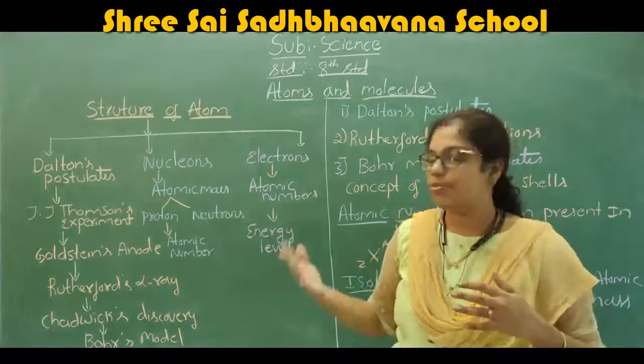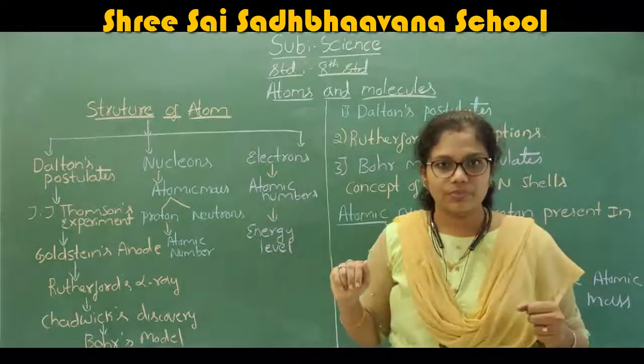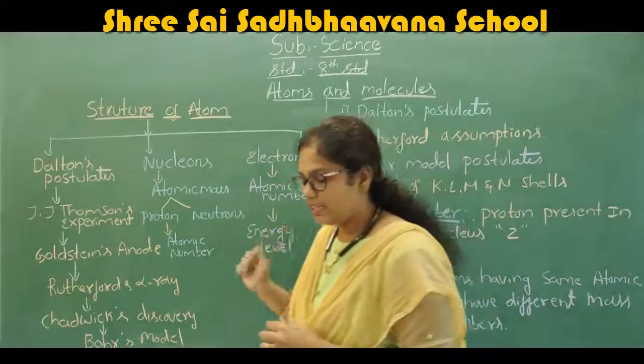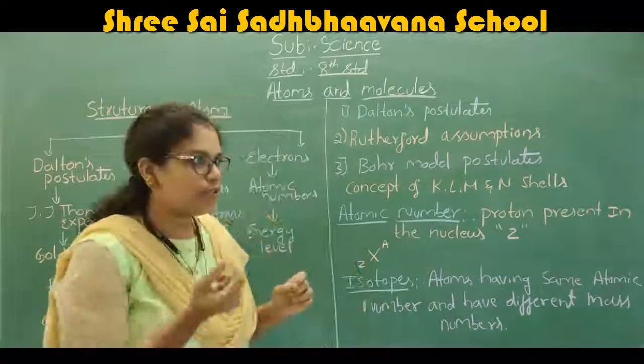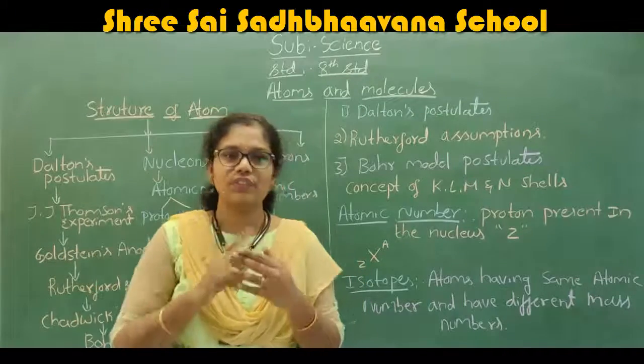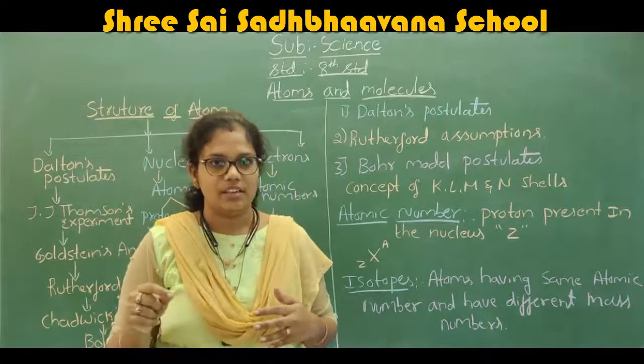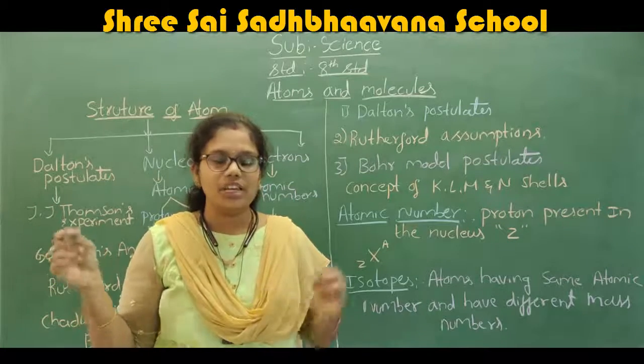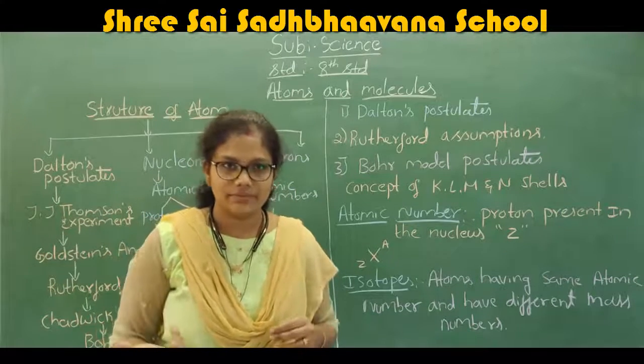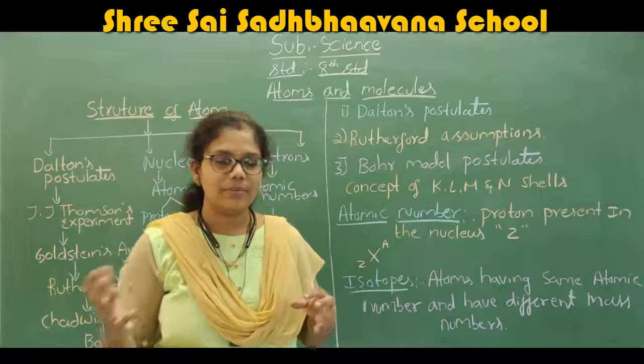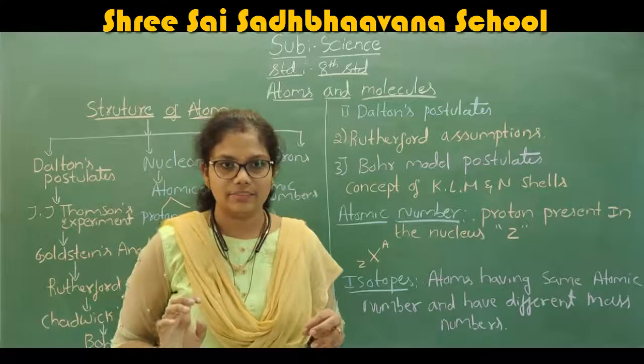How did he do this? He took one small piece of rice and divided it. After some divisions, the rice could not be divided any further. It ended up as one small particle.